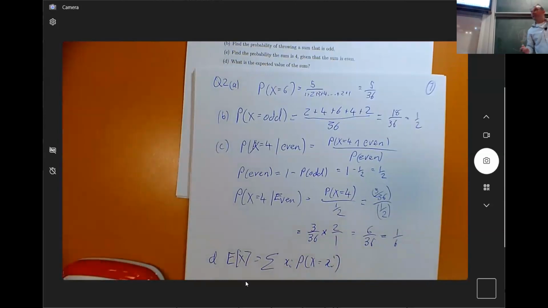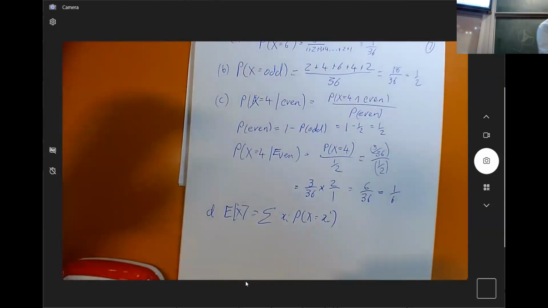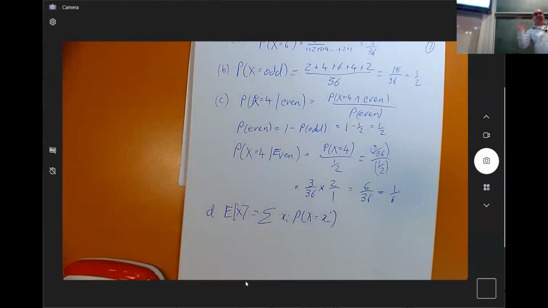That's actually what your formula in your notes says. So what that means for us is I'm going to write it out. It's going to be a bit tedious, but my rule of thumb says if it's a summation and there are less than about 10 to 12 numbers, sometimes the easiest thing to do is write it out and add them up.